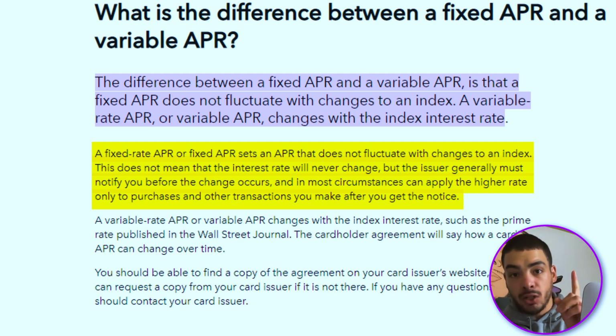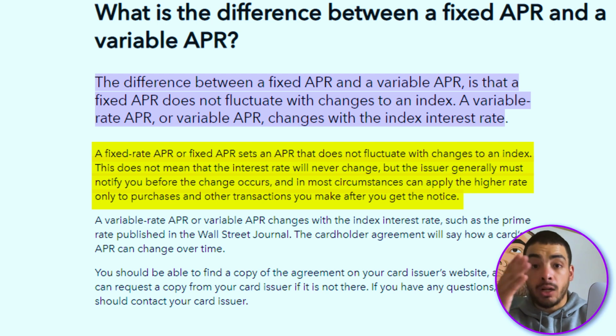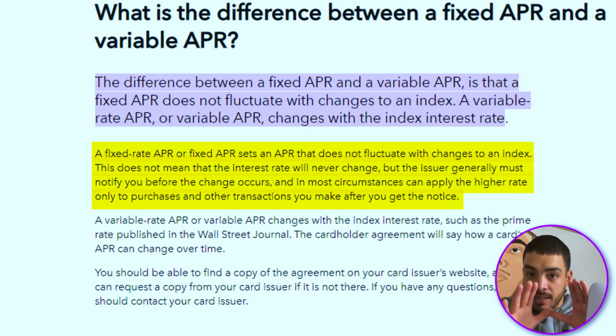So the interest rate is not going to rise until after you get the notice. Anything you paid for before the notice is going to stay at that lower interest rate, and anything after that notice, you're going to pay the higher rate.